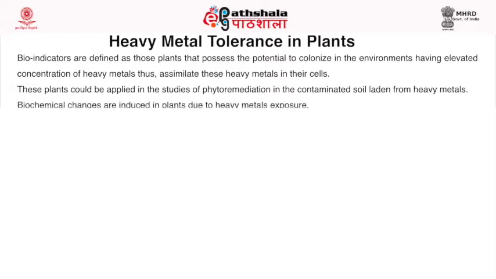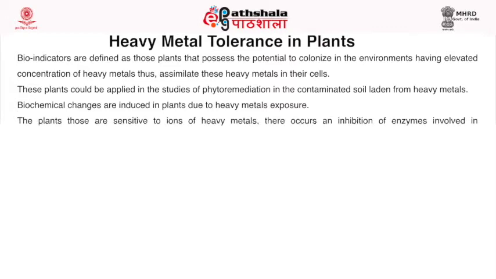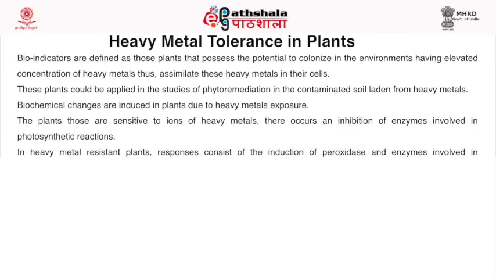These plants could be applied in the studies of phytoremediation in soil laden with heavy metals. Biochemical changes are induced in plants due to heavy metal exposure. In the plants that are sensitive to heavy metal ions, there occurs an inhibition of enzymes involved in photosynthetic reactions.